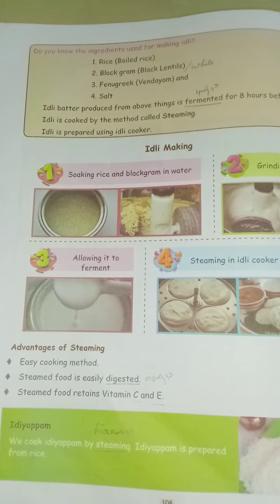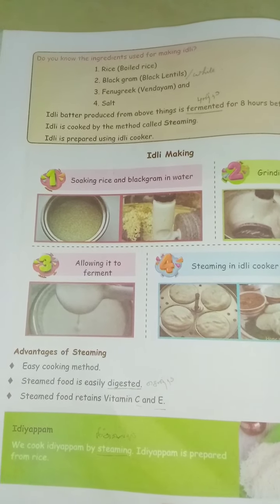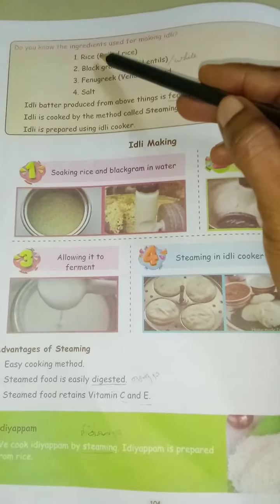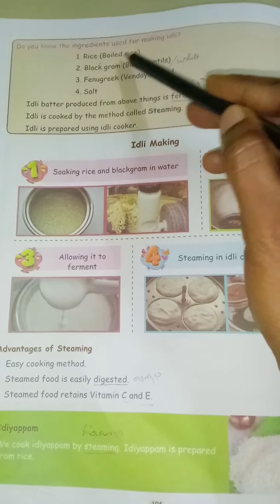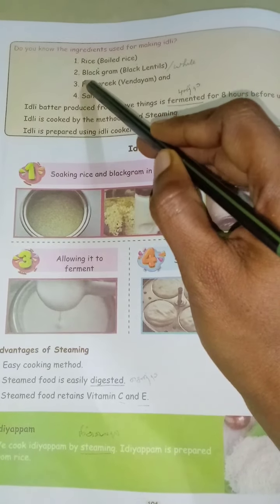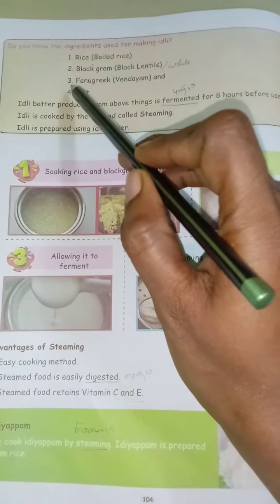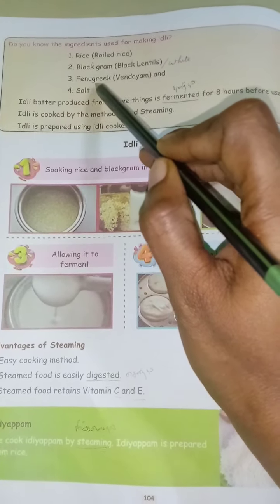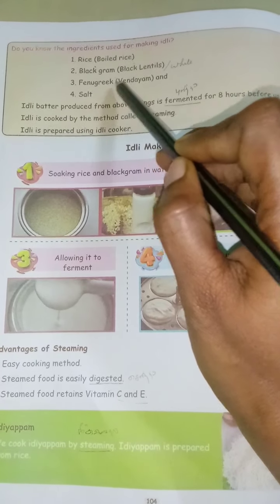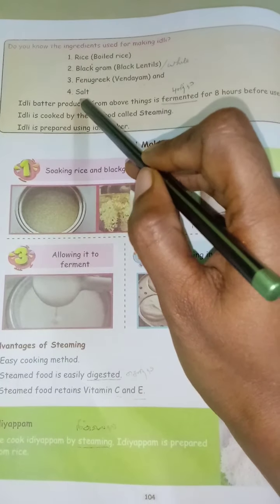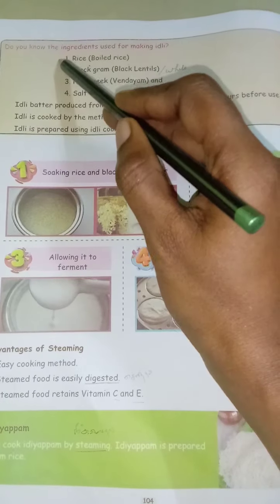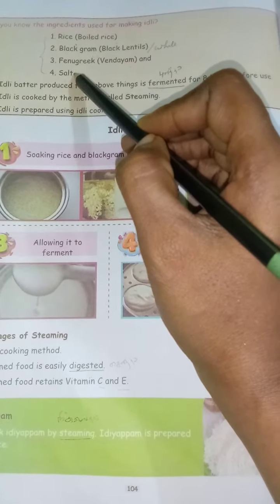Let us see the ingredients. The first one is rice, boiled rice. Second one is black gram or white gram. Third one is fenugreek. Fenugreek means vendayam. Then the fourth one is salt. These are all important to make idli.